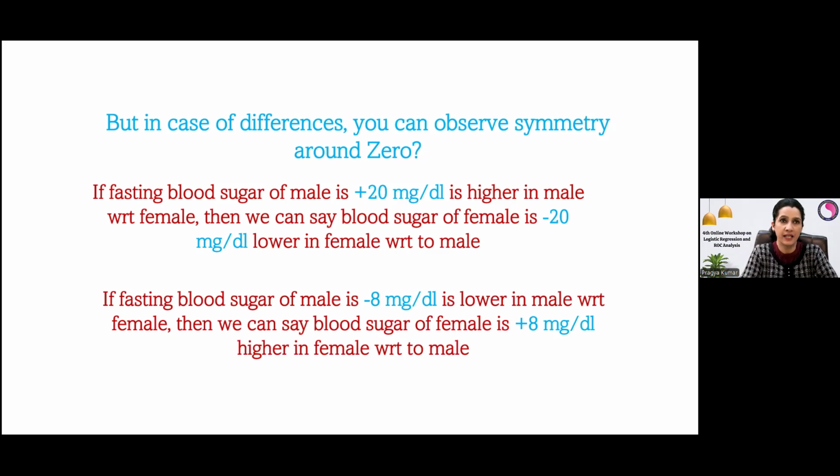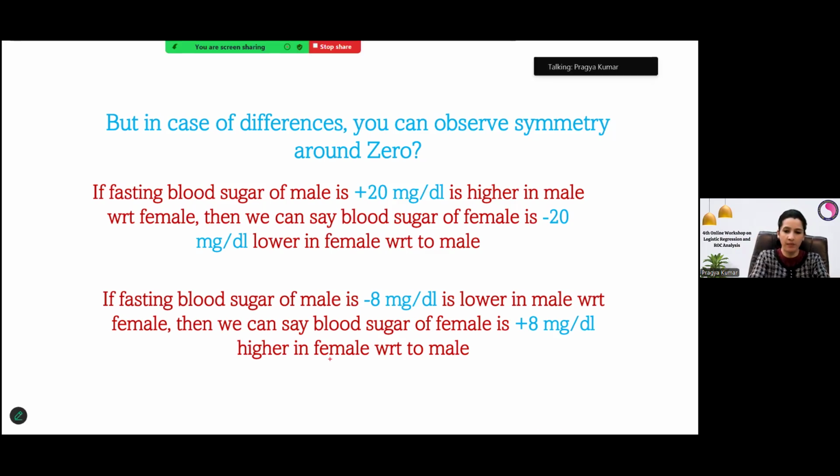Similarly, if I say that my fasting blood sugar is 8 milligram per deciliter lower in male as compared to female, I can say that the female has 8 milligram per deciliter higher blood sugar as compared to male. So this is symmetrical.